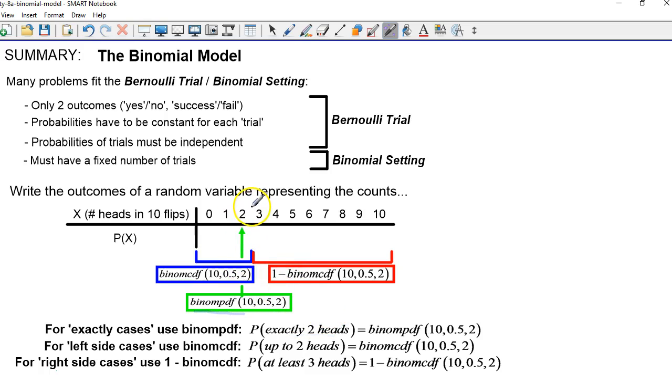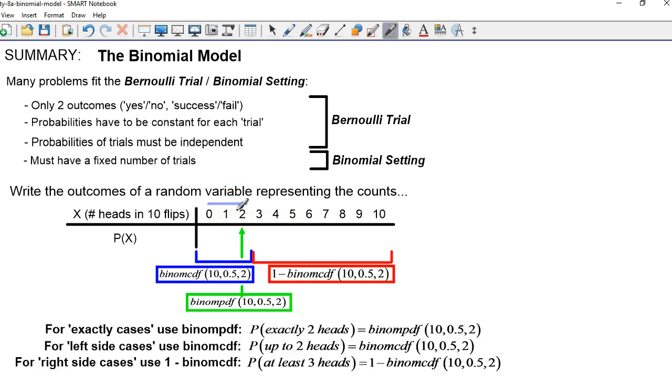If you want what I call a left side case, say the probability of up to 2 heads, which would be everything from 2 on down, then you can use the cumulative version, binomial CDF, 10, 0.5, 2. If you have a right side case, like the probability of at least 3 heads, then if we put the dividing line here, this is going to be 1 minus this side. So we would take 1 minus the binomial CDF from 0 up to 1 less, the 2.